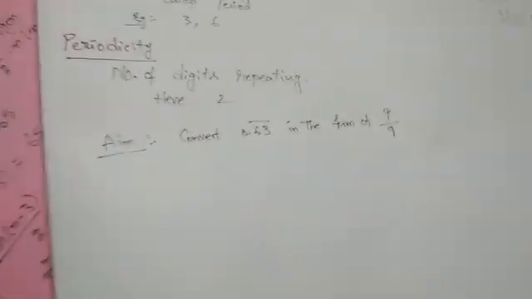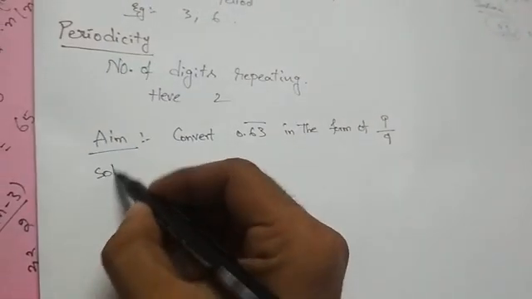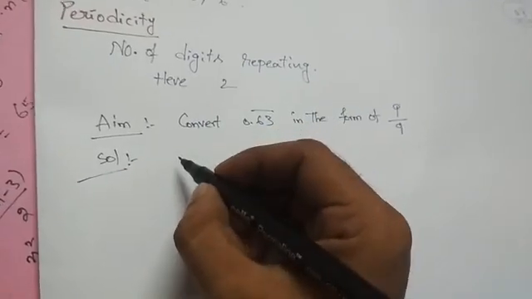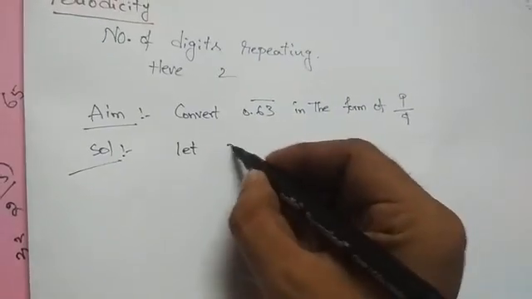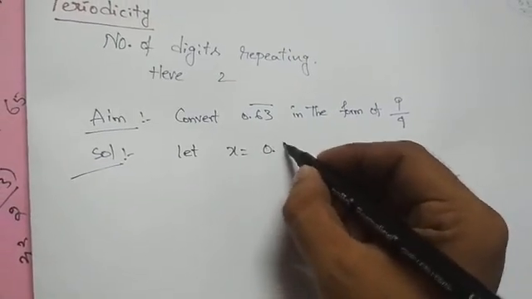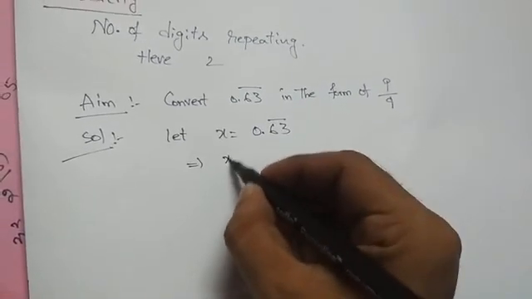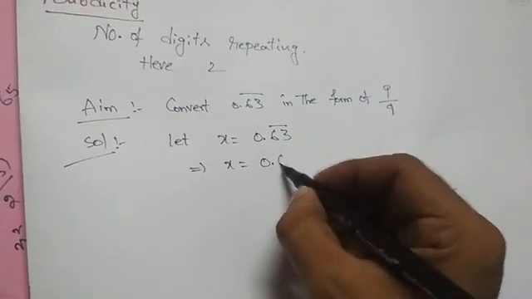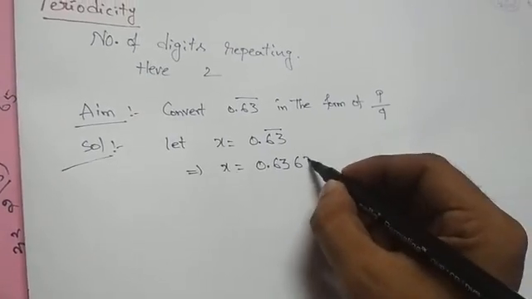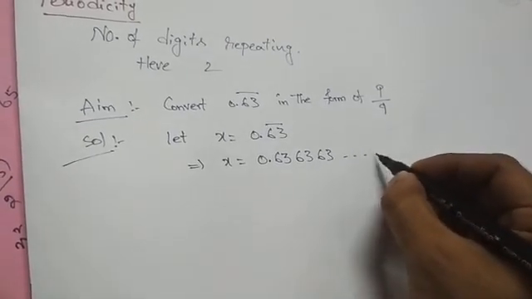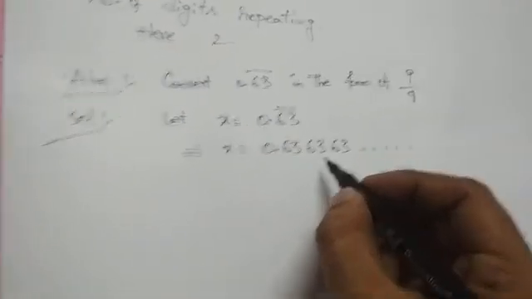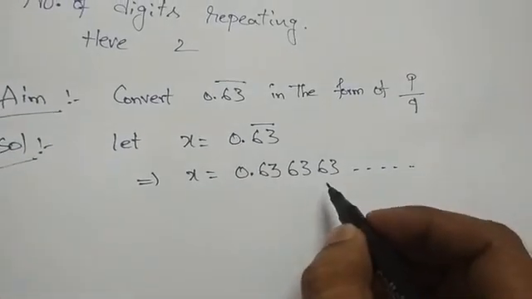How will we write? See here. This is one of the most important parts. Let x is equal to 0.63 bar. That implies x is equal to 0.6363. You can take any number of digits, I'll take a few, only 2 or 4. No problem.